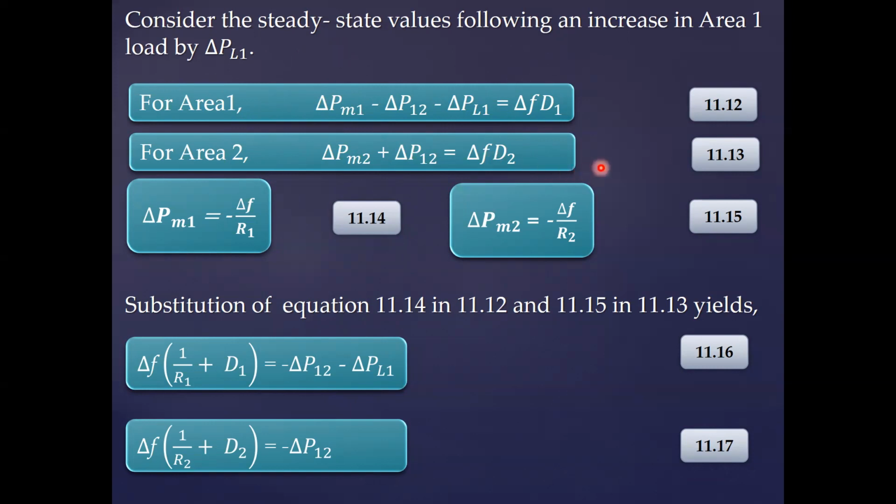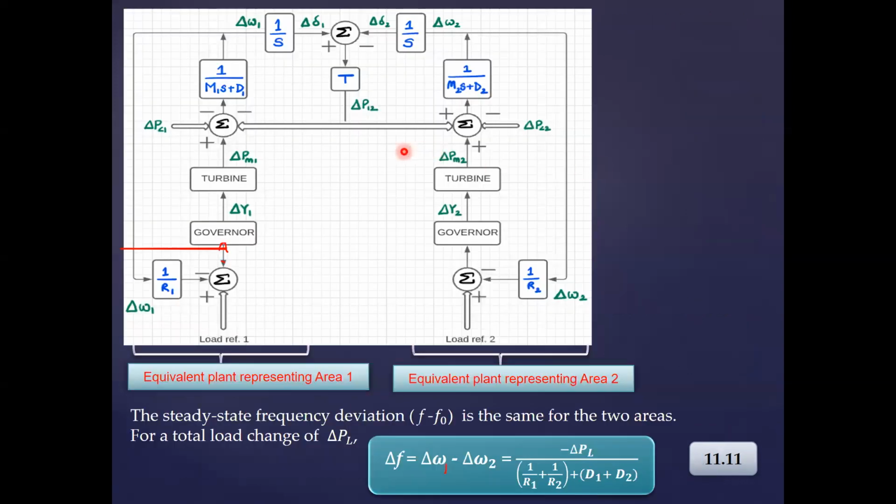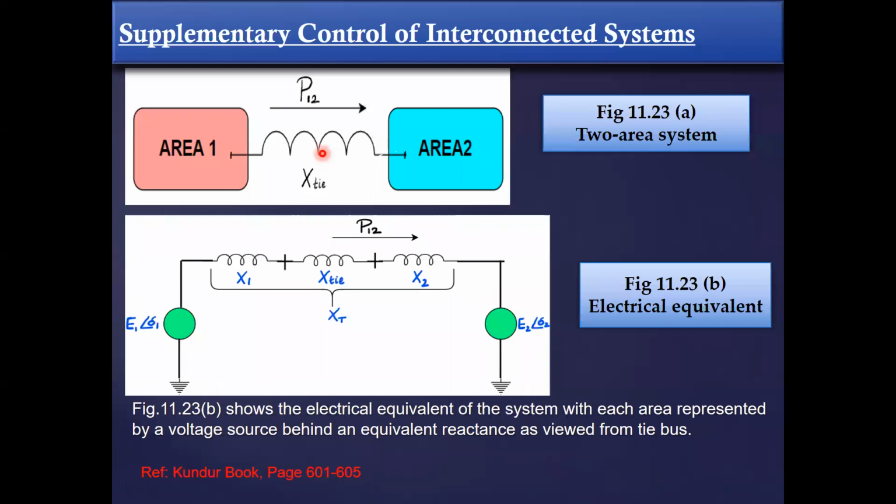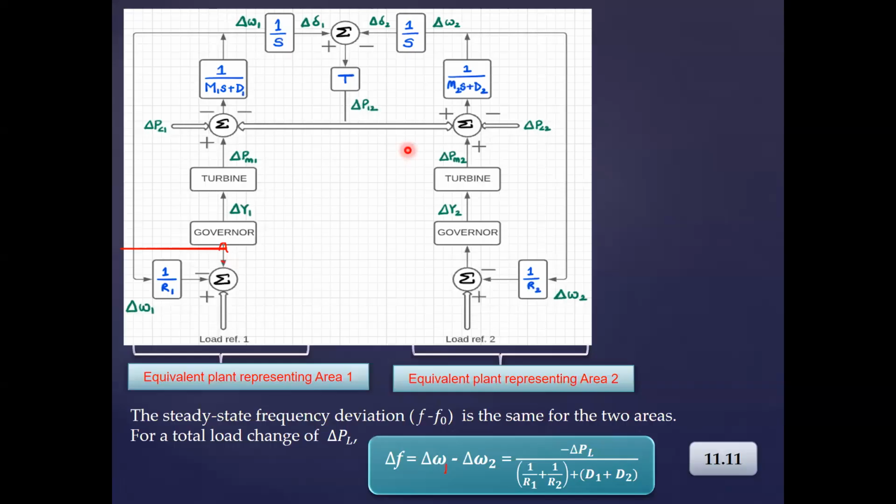Now remember one thing, we have considered the power flow from 1 to 2 here, right? Based on that, this del P12, the power flow is from 1 to 2, and that's why here you have the sign plus, and on this side it is the sign minus.